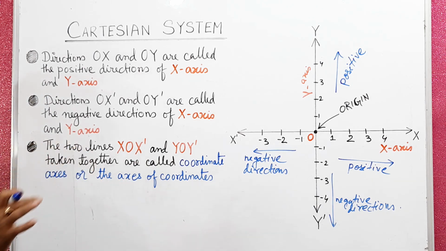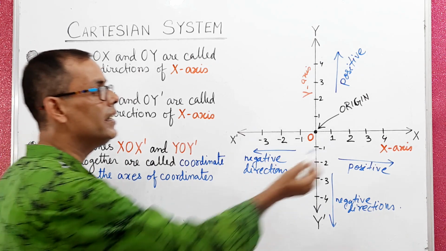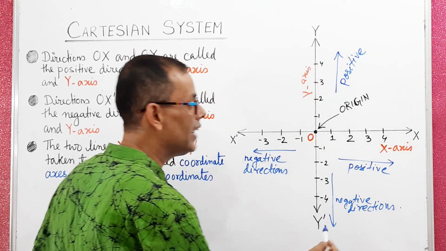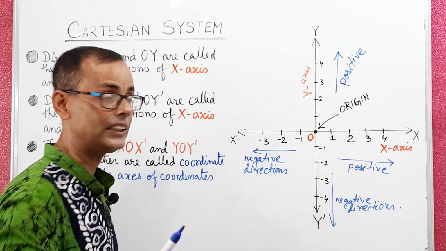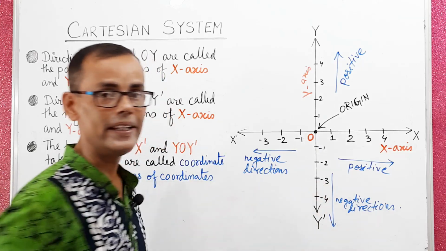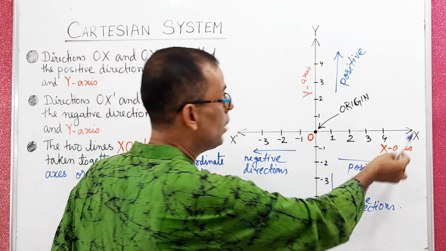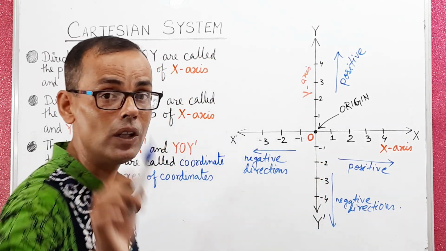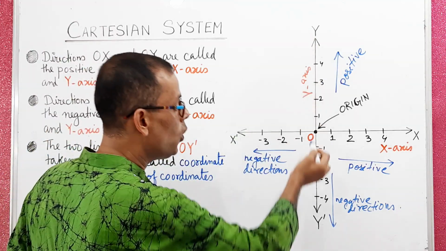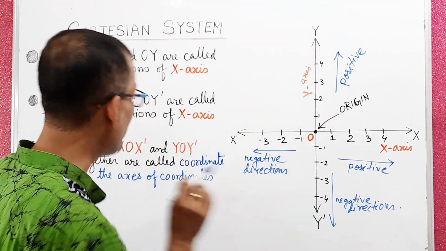And the last is what? The two lines. If you see the sleeping line and the standing line, X, O, X dash, and Y, O, Y dash. We came to know that X, O, X dash is called the X-axis, and Y, O, Y dash is called the Y-axis.